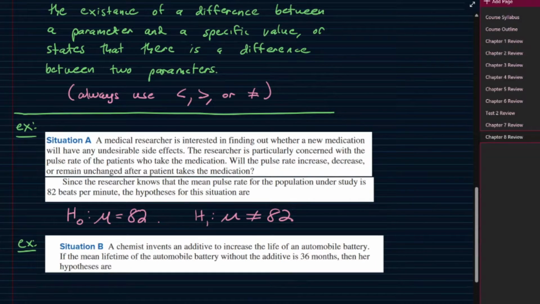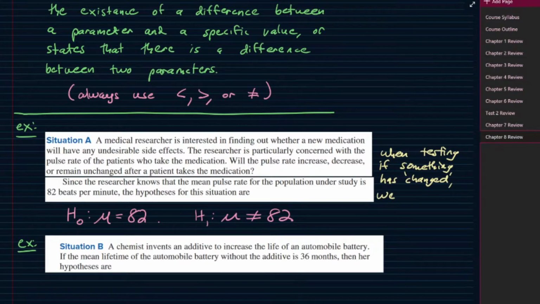So if you're just trying to see if something has changed, not a specific change, not greater than, not less than, it's just has it changed at all, we use not equal to for our alternative hypothesis.